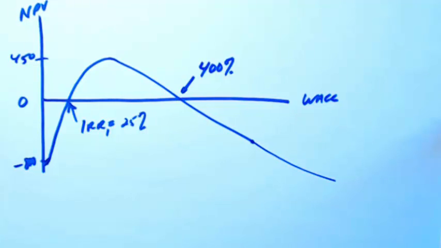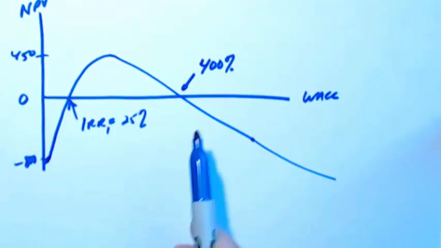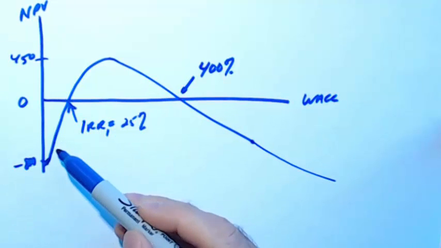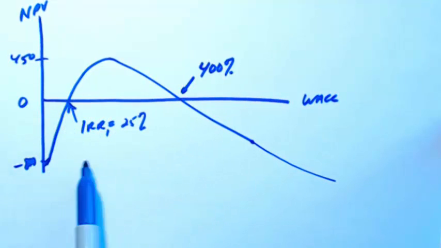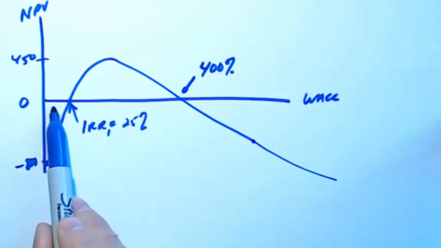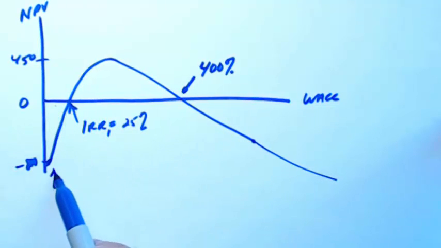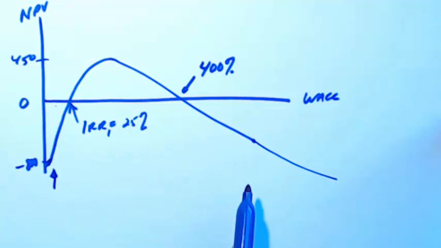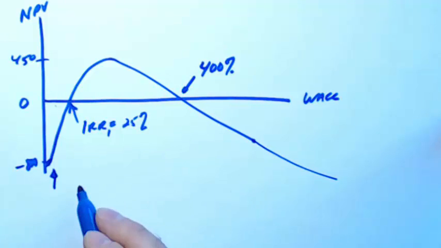Okay. Now, why does it do this? So let's try to get into the interpretation of this problem. Look, at very low discount rates, I'm thinking in terms of this axis here. At low discount rates, the present value of the second cash flow is large and negative, so the net present value is negative.